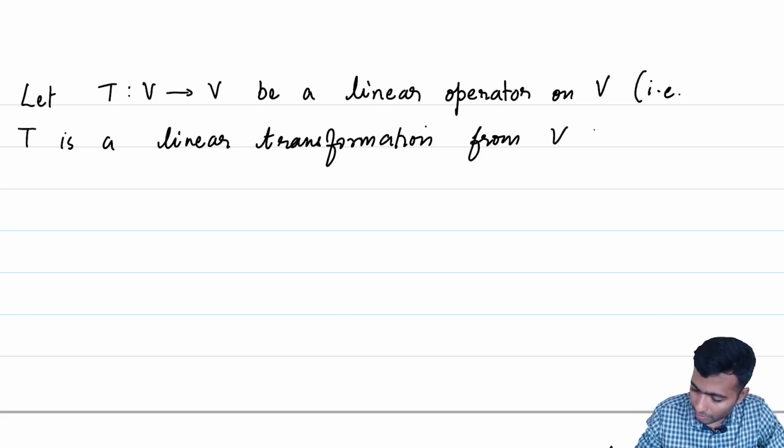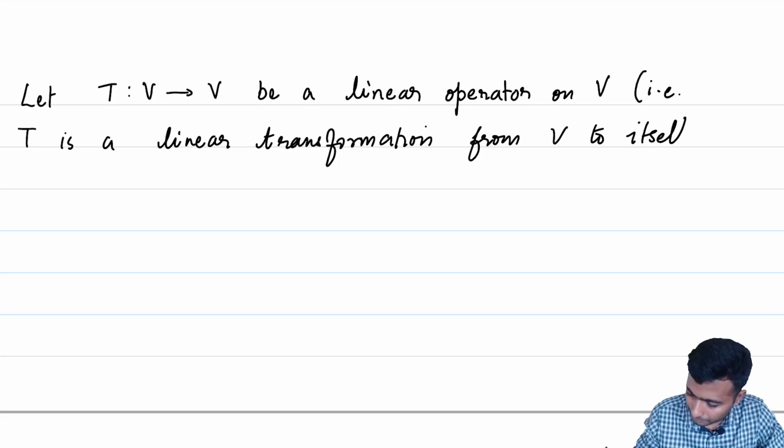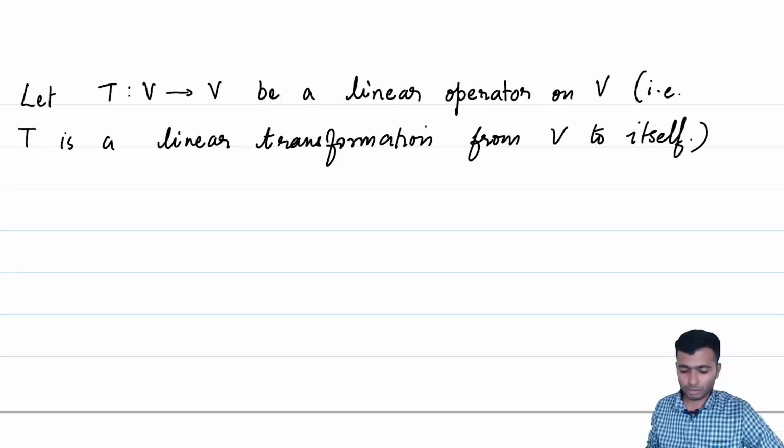For example, T being the identity map is the simplest example.